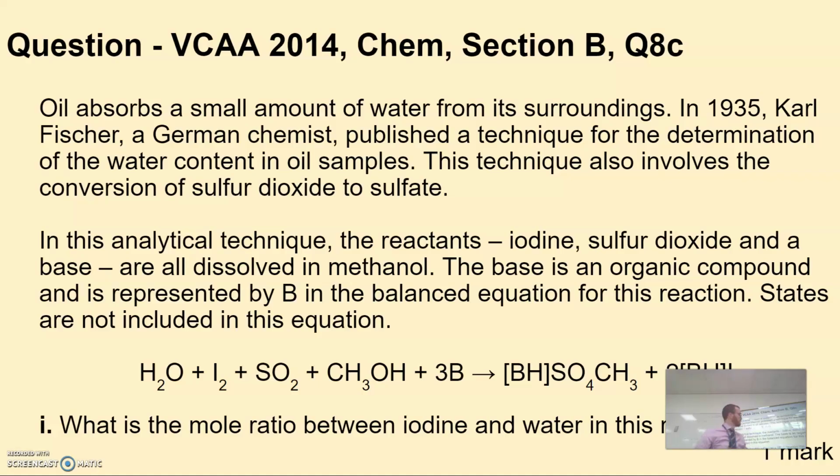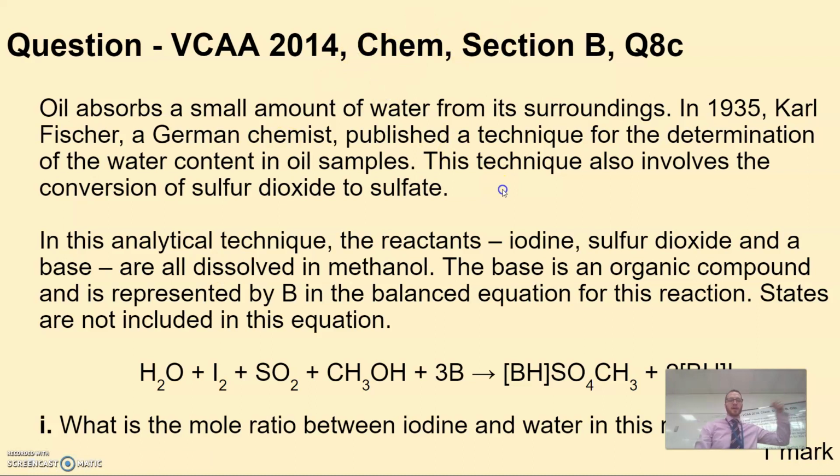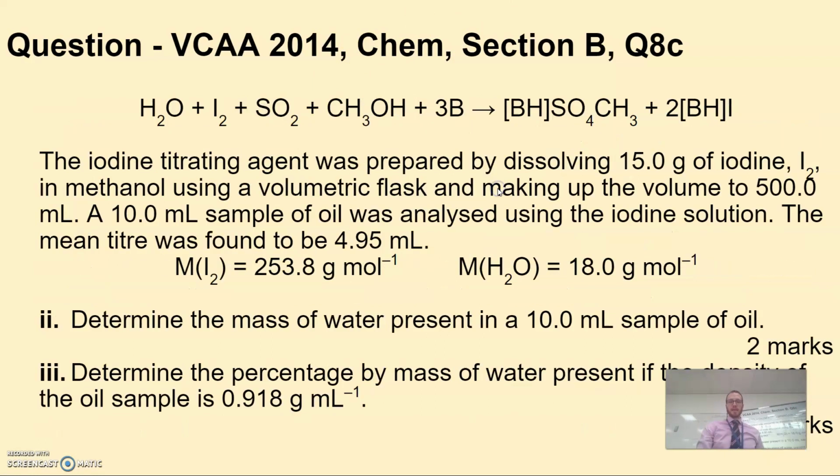Straight into an exam question. Okay, I'm going to pause so I can read through the first bit. Ratio between iodine and water in this reaction. 2 to 1? Mole ratio we need. So iodine to water is 1 to 1. Excellent.